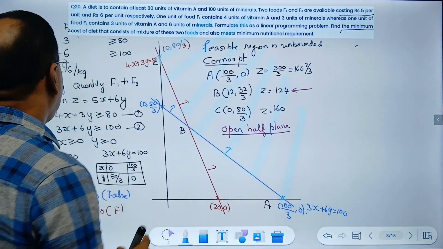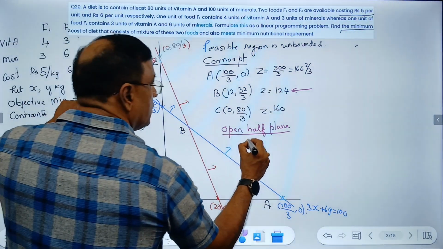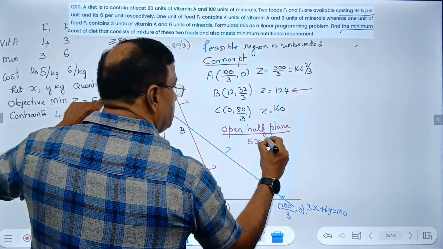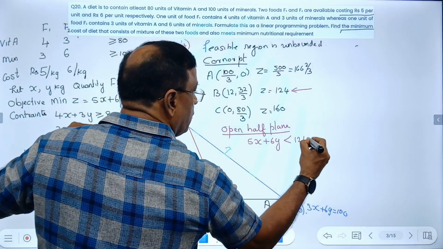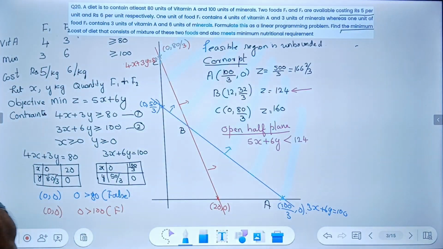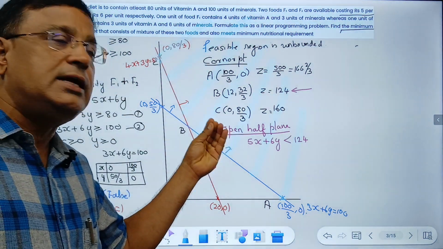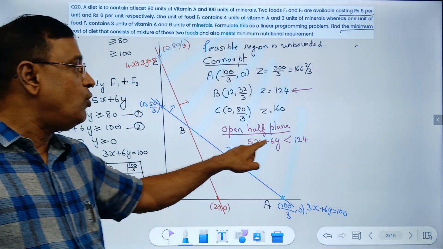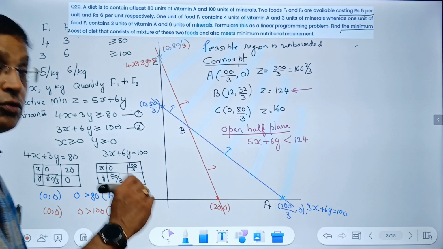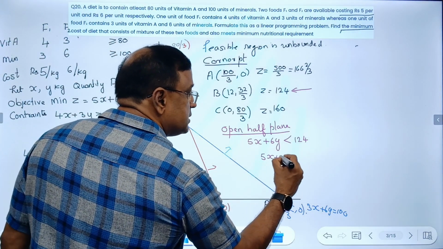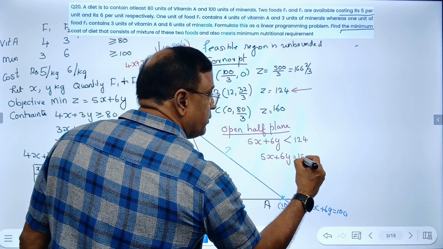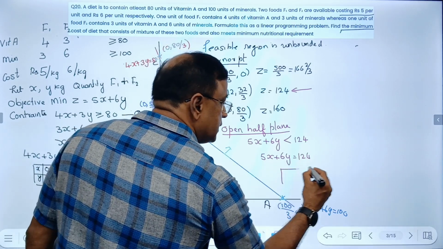Take that and put it in Z. What is Z? 5x plus 6y strictly less than 124. You cannot put less than or equal to, it has to be strictly less than 124. So this is an open half plane. Now I have to draw the line for that. How do I draw? 5x plus 6y equal to 124. Take it as equal to and sketch the graph.